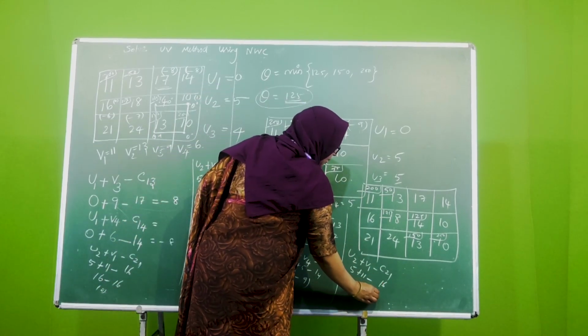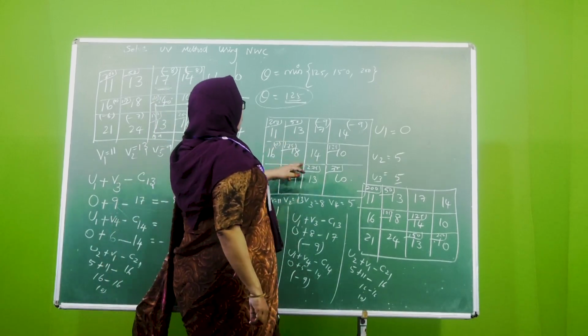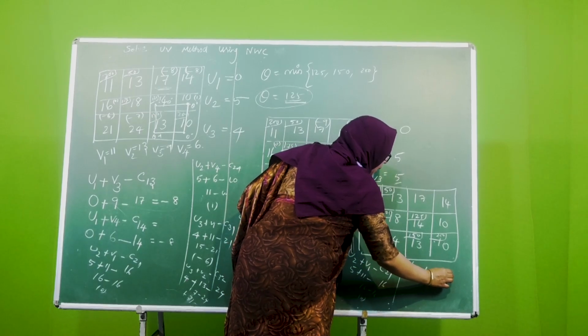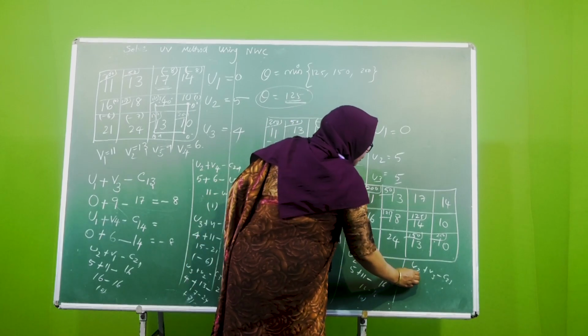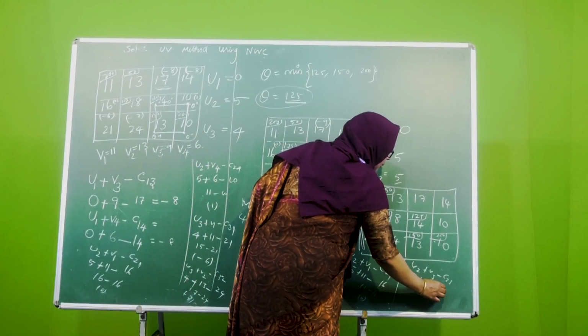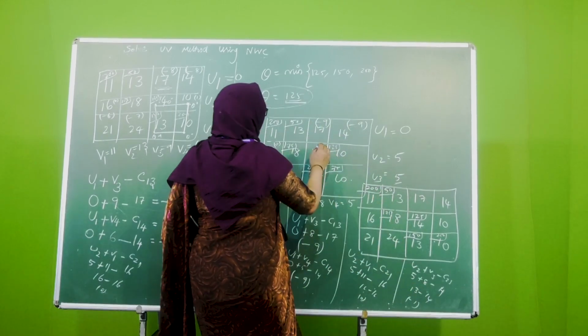That is 16 minus 16, obviously 0. Next, u2 plus v3 minus c23. u2, 5 plus 8 minus 14. 13 minus 14, minus 1.